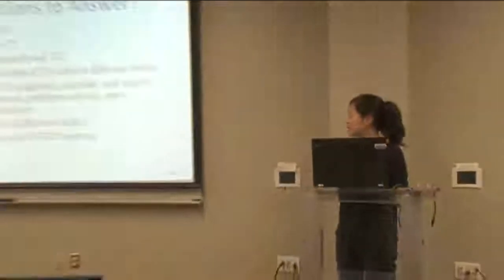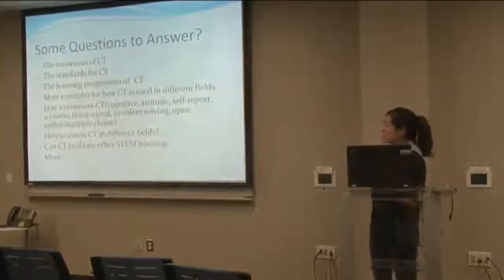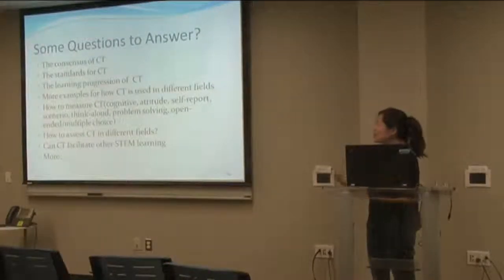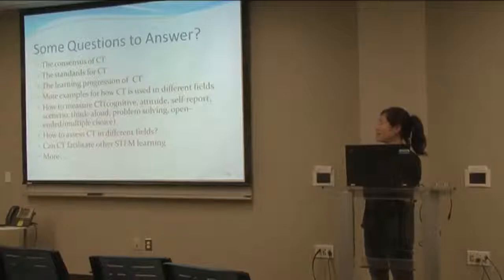There are also other bigger questions that we feel can be future directions. Maybe there will be no consensus, but it would be nice to lay out different perspectives clearly and systematically.